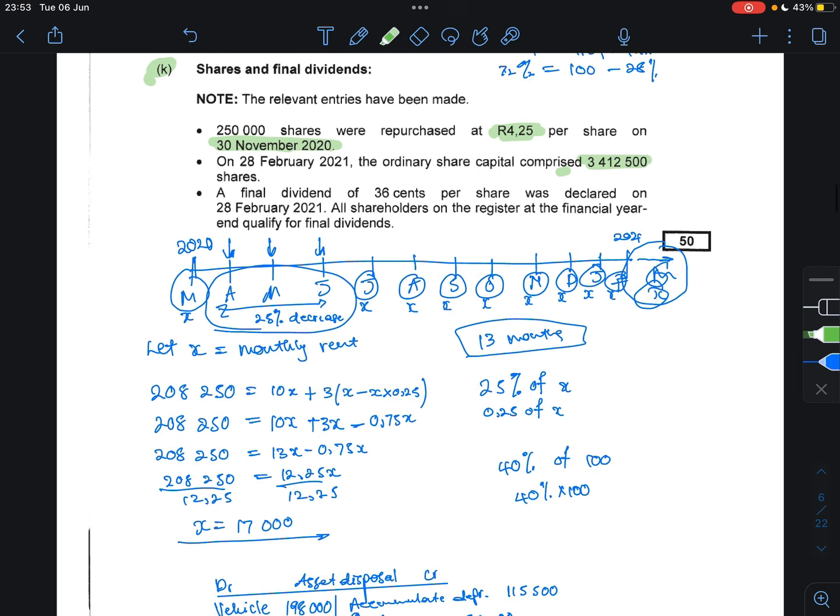A final dividend of 36 cents per share was declared on 28 February 2021. All shareholders on the register at the financial year end qualify for final dividends. All right.